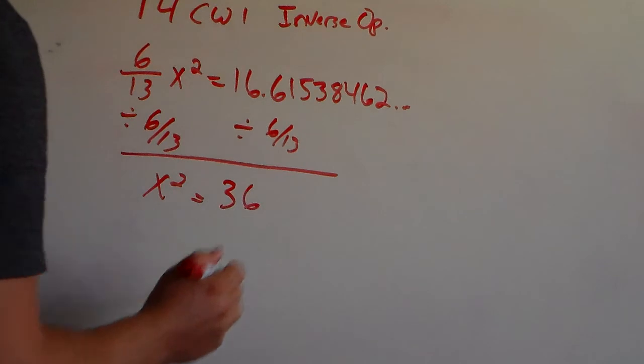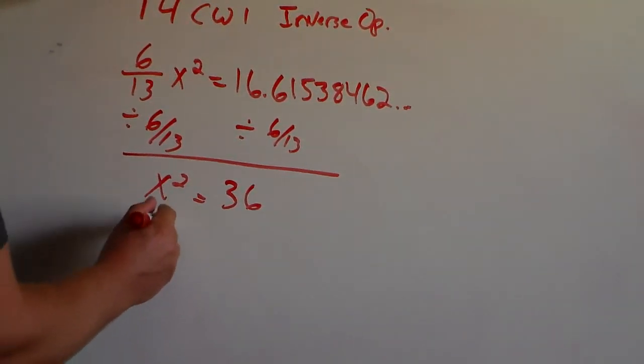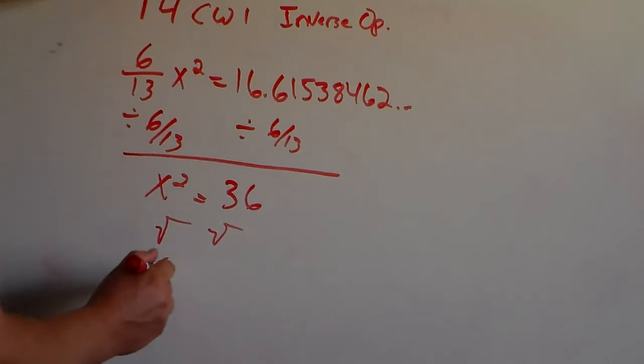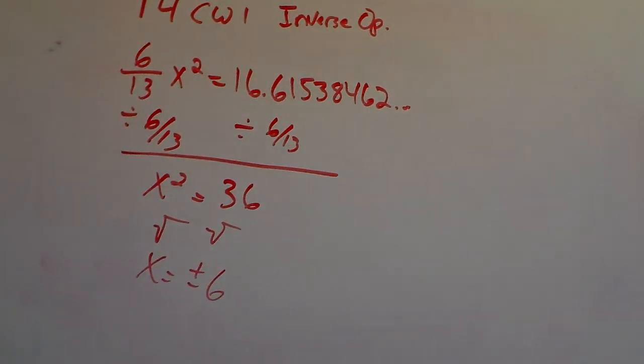I think that's the number they're looking for here. So x squared equals 36. Take the square root of both sides. You get x equals plus or minus 6. A problem like that could pop up on you, but just keep in mind that numbers sometimes continue on and on. That's problem number 5. The answer is positive 6 and negative 6.